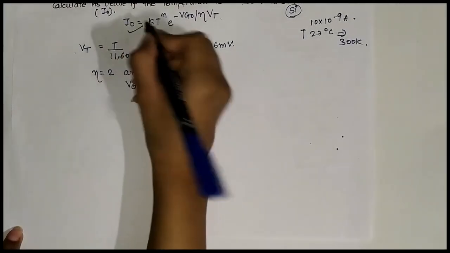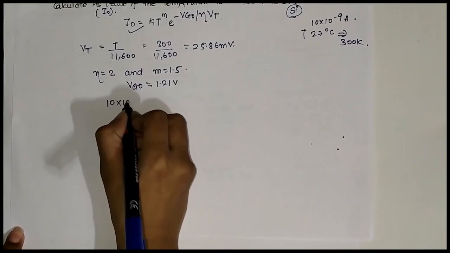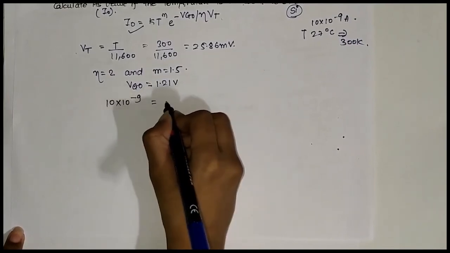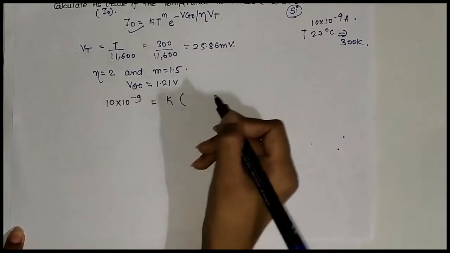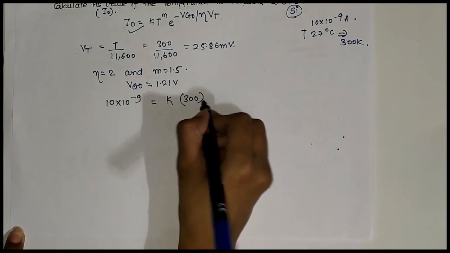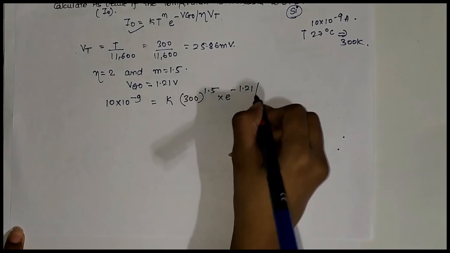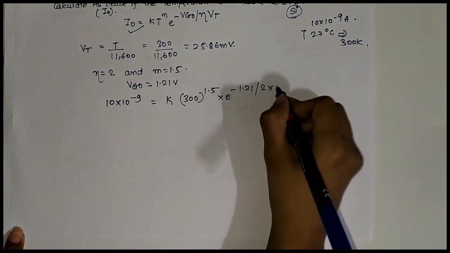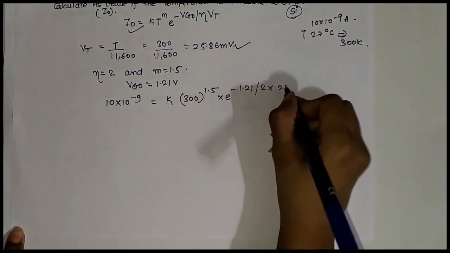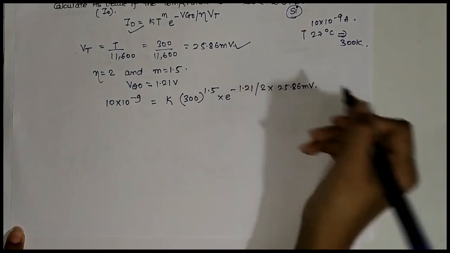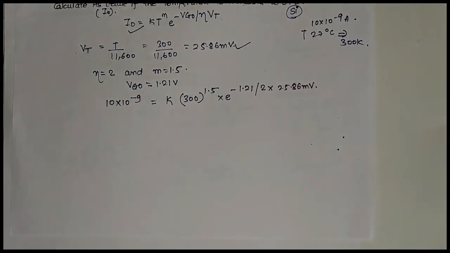I0 is given as 10 nanoamperes, which equals K, whose value is unknown, into 300 raised to 1.5 into e raised to minus 1.21 upon 2 into 25.86 millivolts. You can also consider 26 millivolts, but this would give a more appropriate answer.